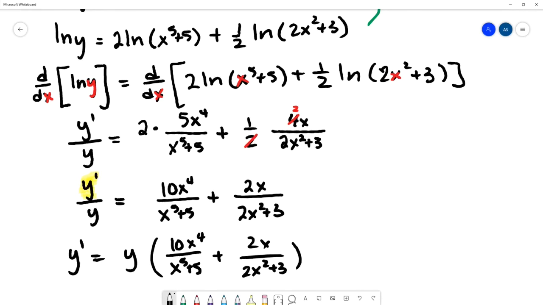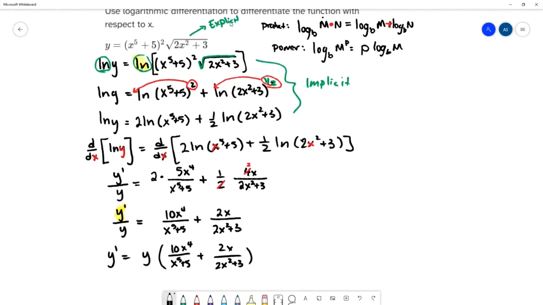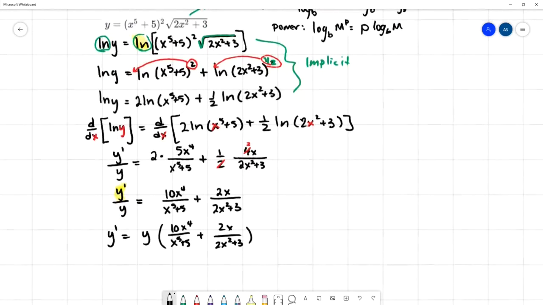And in this example, because the original equation was written in explicit form, I actually know what y is, so I can make a substitution and put that y into here.